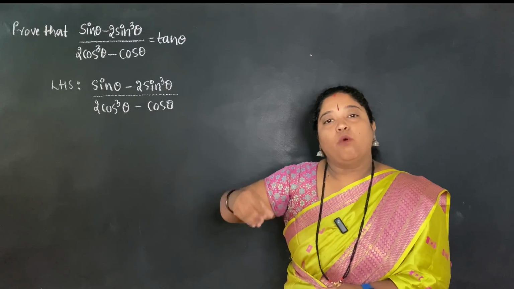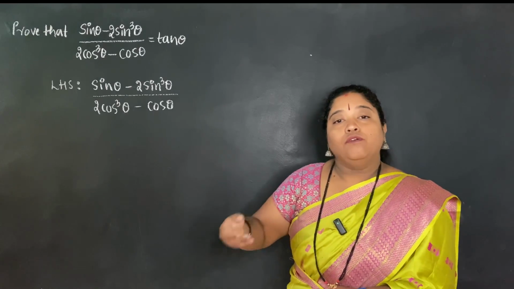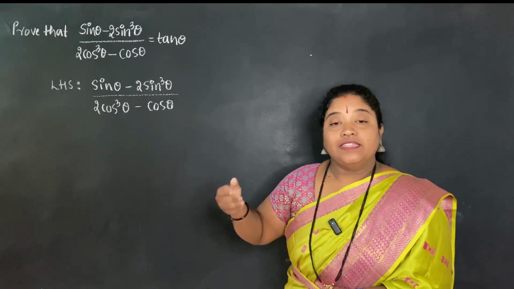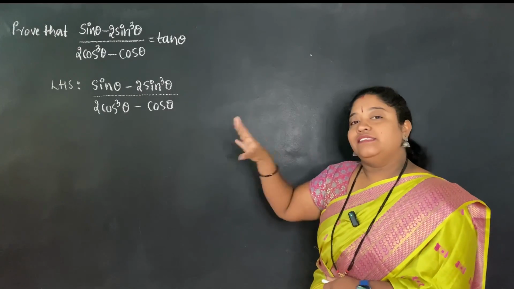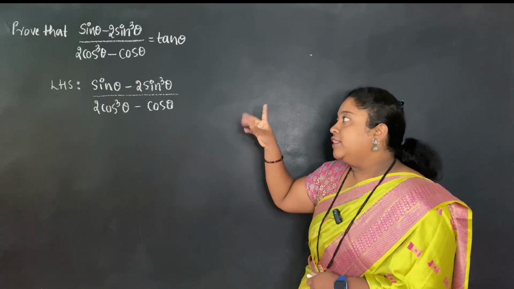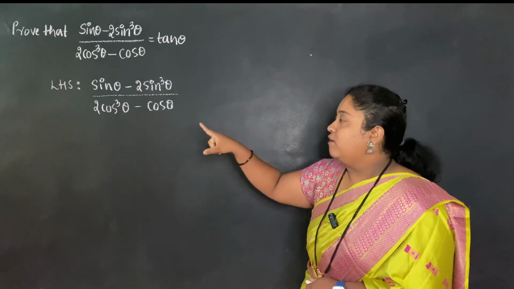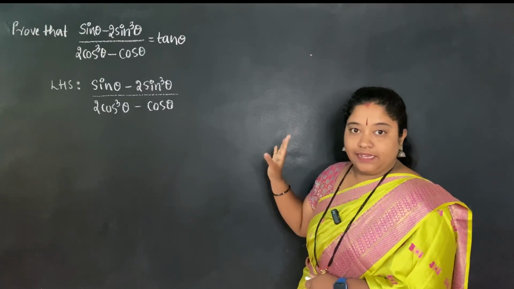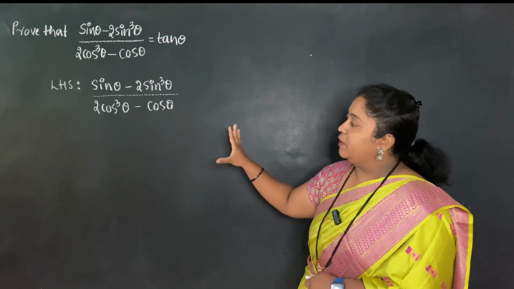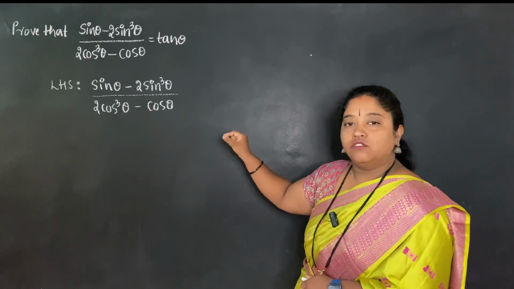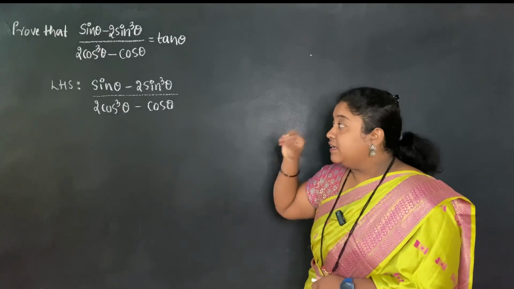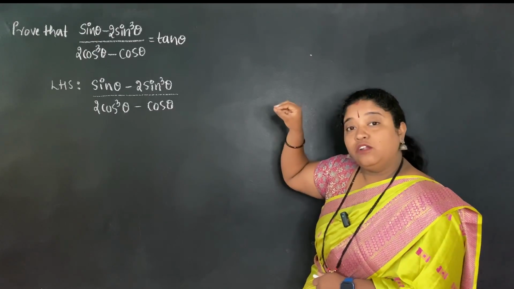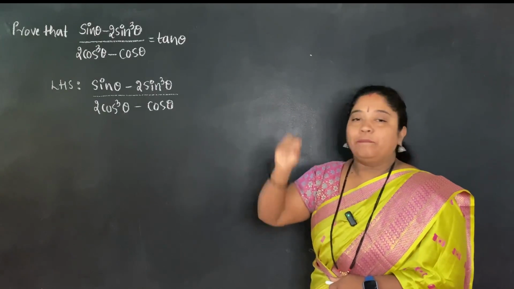Step by step, what you decide to do, how you decide to simplify, that matters here. Now when I look at the question, what decision comes into my mind? In the numerator part, I have sine and sine, so I can take sine common. In the denominator part, I have cos and cos, so I can take cos common.